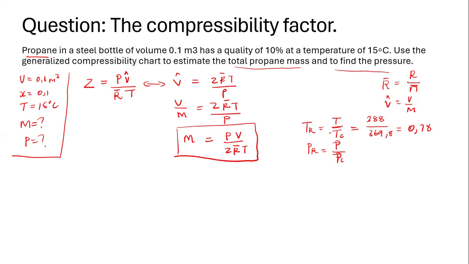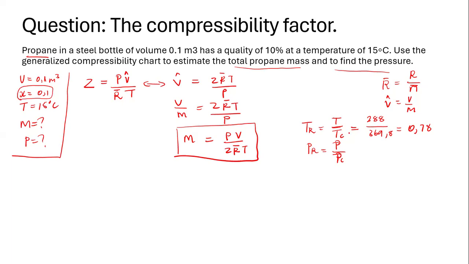Now, after getting the reduced temperature, how are we going to get the reduced pressure? We see our quality here is 0.1, right?